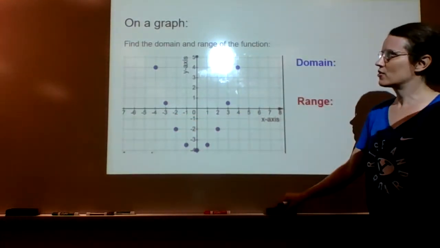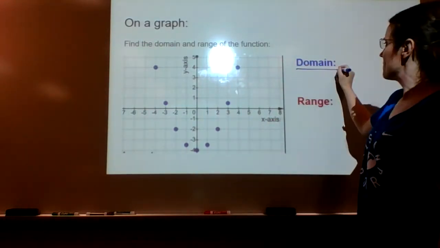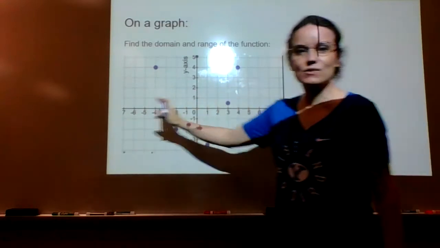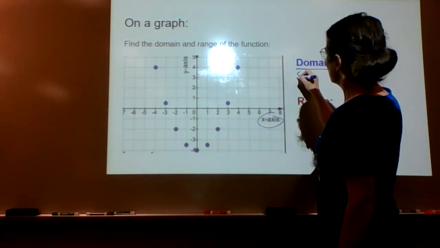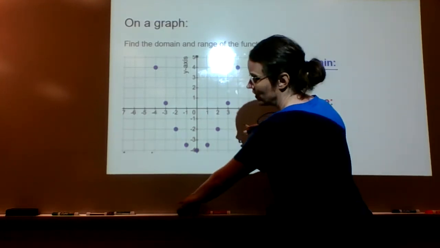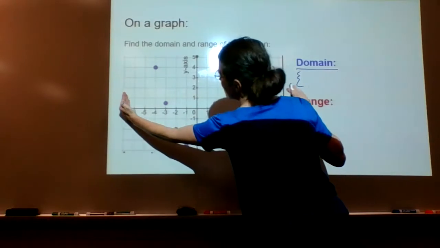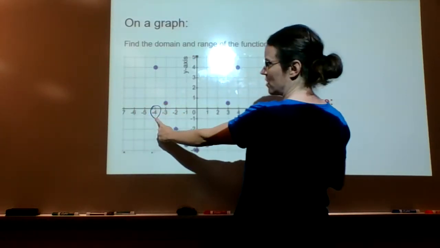Let's try one on a graph. And so you've got this graph of all these random points. Remember, domain is your x values. That's your left to right sideways amounts. So you're going to see how far to the left and right they are. So I'll start at the far left and work my way across so I try not to miss any. So my lowest one here on the left is over here at -4 on the x-axis.